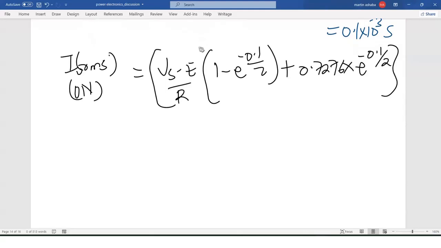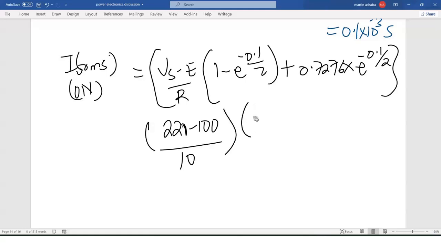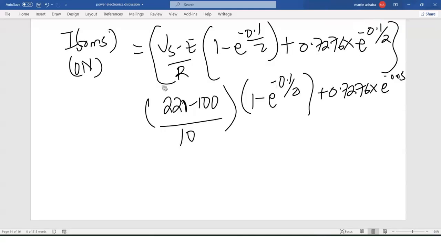So we know this Vs as 220 minus 10 minus 100 divided by 10, and we are multiplying it by that value, 1 minus exponential negative 0.1 divided by 2, plus 0.7276 times exponential of negative 0.05.